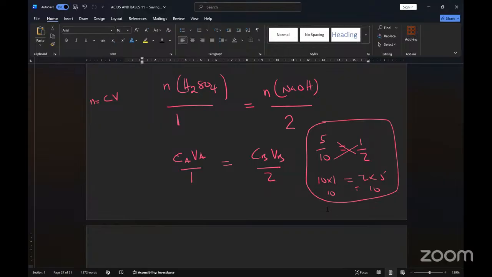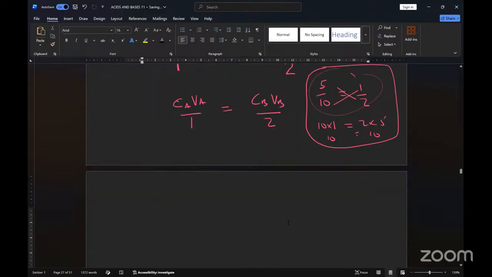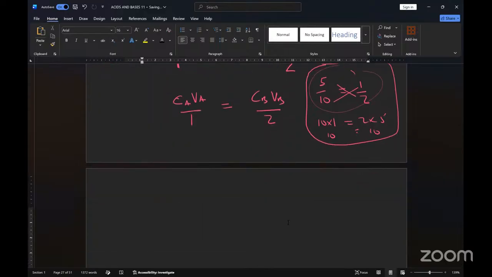Now look at this thing. I could have chosen to change this in a way. Just look at what I'm going to do. This 5 over 10 is equal to 1 over 2. I can put this 2 on top here and bring this 1 here, and they will be the same. Let's see whether it makes sense.